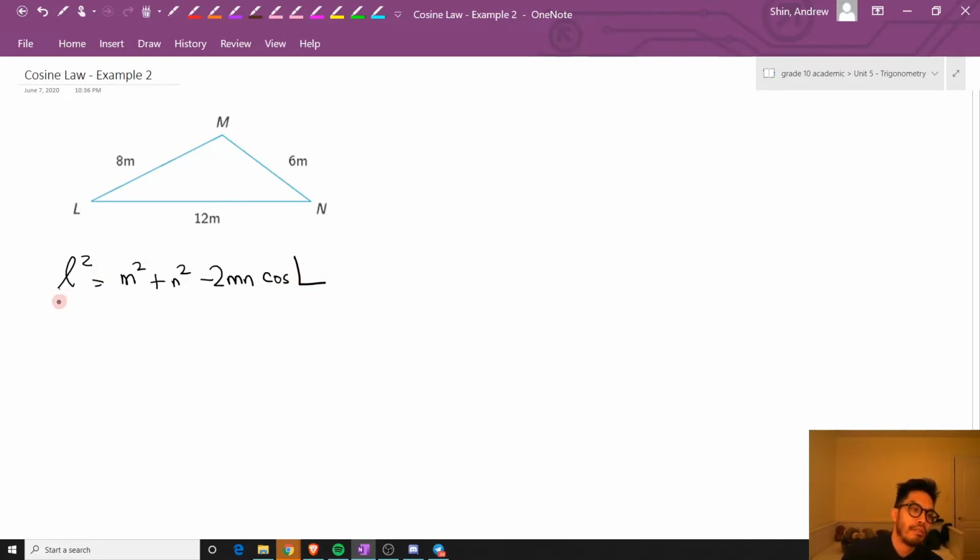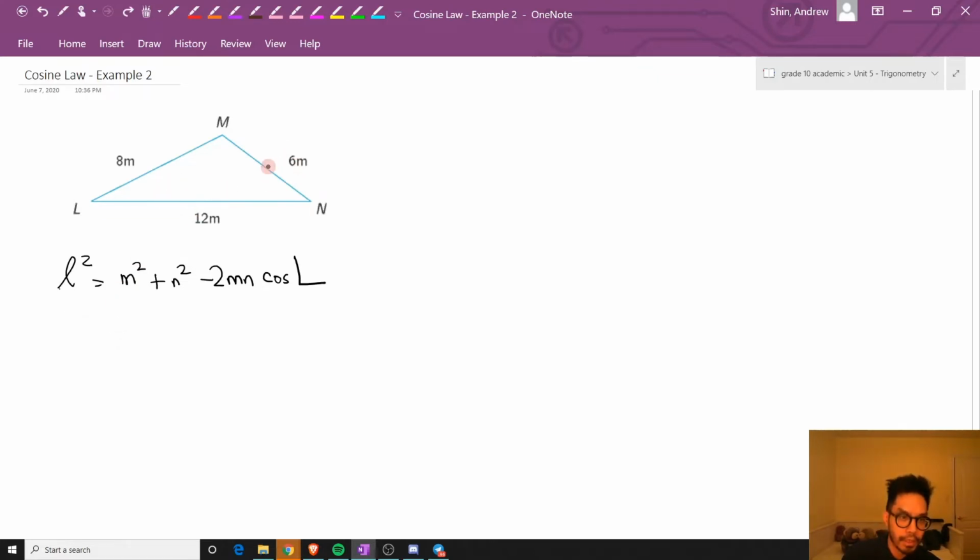And here I handwrite my L because it can be confusing with the number 1. So we have L squared, and we start plugging things in. We do know what l squared is.